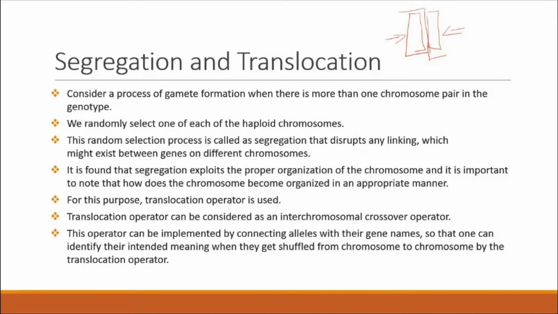Out of these two haploid chromosomes, one is taken randomly for the reproduction of the next individual. This random selection process is known as segregation. The problem with segregation is that it disrupts any linking which might exist between different genes in a chromosome.